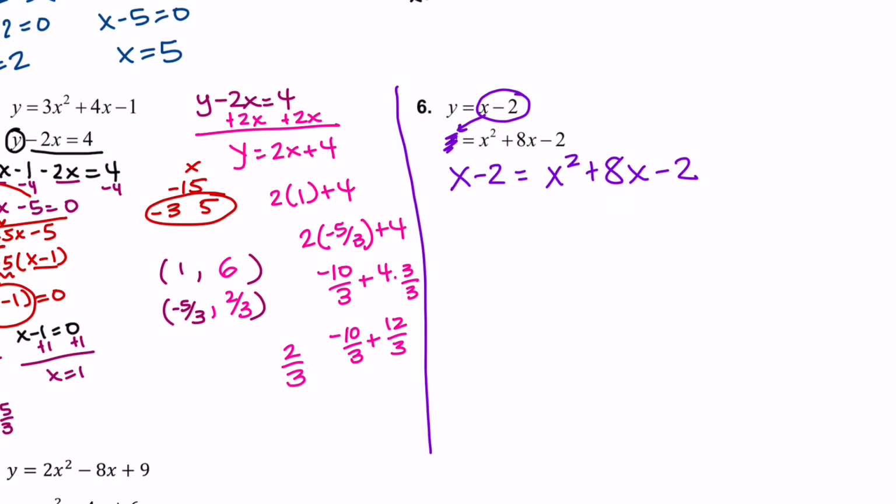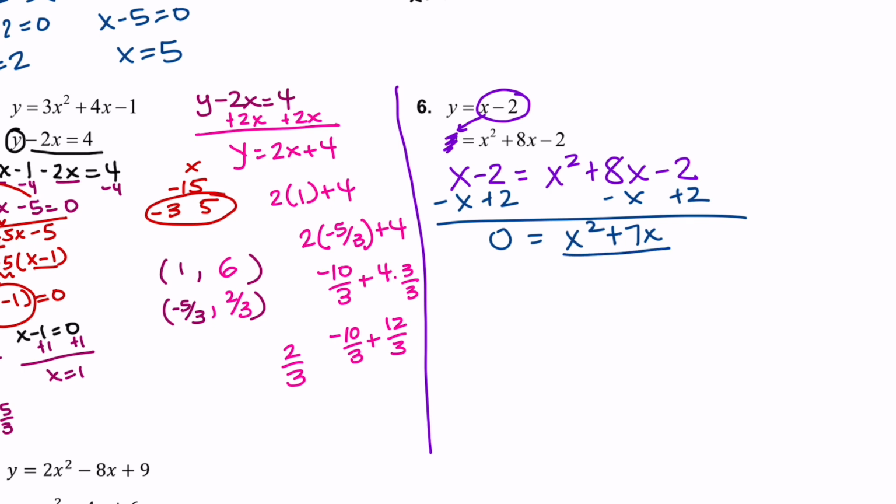What I don't want to do is take this stuff to this side. I want a positive x squared so that I can try to factor. So I'm going to minus x this way and add 2 to both sides. I get 0 equals x squared plus 7x. The plus 2 and minus 2 cancel.